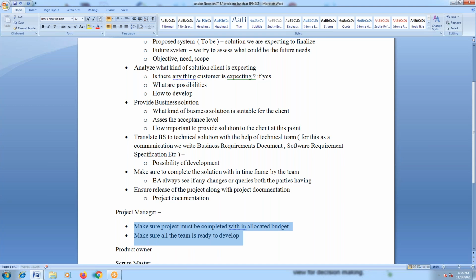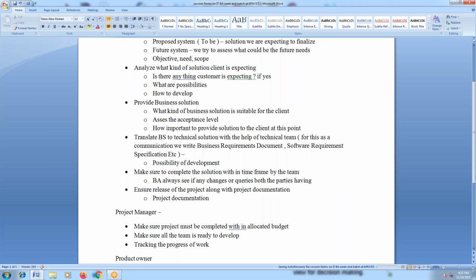Next, tracking the progress of work, right? So you have to track the progress, because the project manager has the whole responsibility for the whole project, right from the beginning to the end. The business analyst is confined only to the requirements and the client, but the project manager is responsible for everything, right?